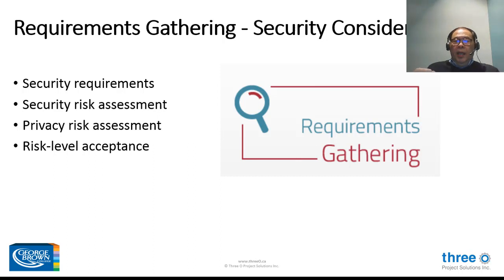For another example, if that's not really quite clear, then a security risk assessment should flush that out. Similarly for privacy risk assessment. If they want to have personal identifiable information, the privacy risk assessment, which is often not done by us, will probably be done by the privacy team. They will make sure whether that's actually necessary, whether the collection is actually lawful, whether that's actually required or necessary. So things like that. Okay.